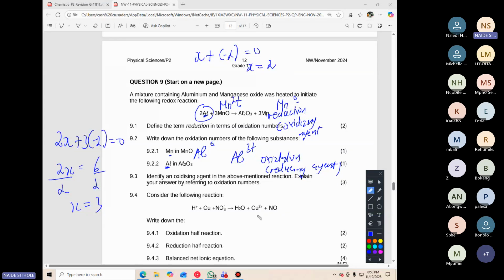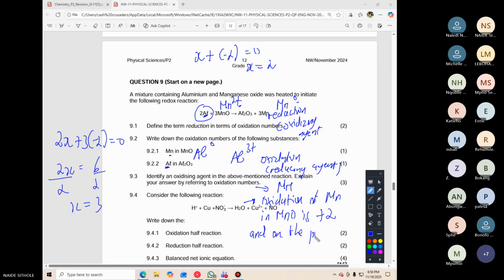Right. So that means here, our oxidizing agent is what? Mn. And then we're going to have to say the oxidation number of Mn in MnO is positive 2. And on the product side, the oxidation number is what?